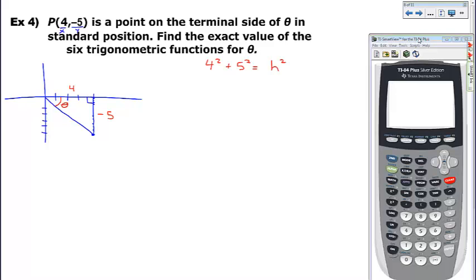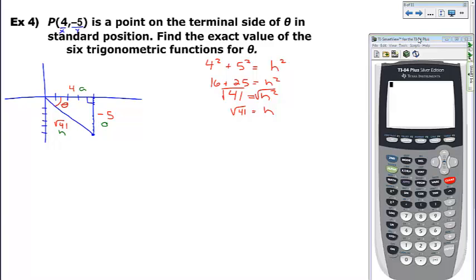I know that my adjacent side is going to be 4, and my opposite side is going to be -5, and to find my hypotenuse, I simply use Pythagorean theorem as is shown here. I should get a hypotenuse value equal to radical 41. Now I'll label the sides of my triangle opposite, adjacent, hypotenuse in reference to my angle theta.